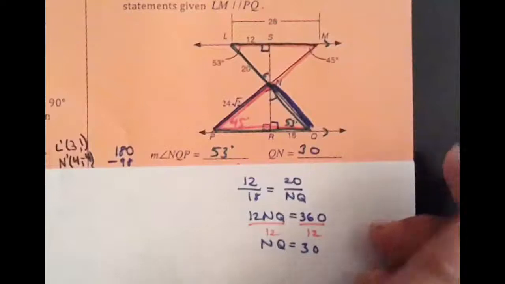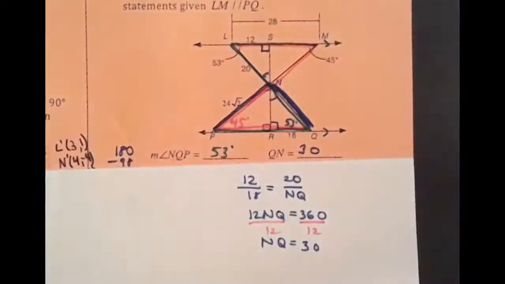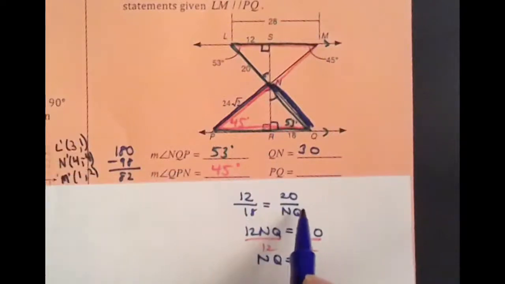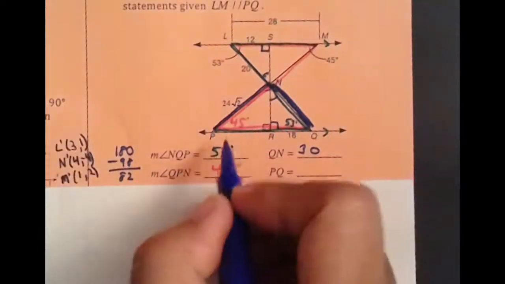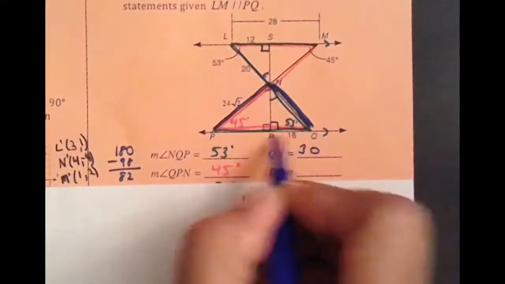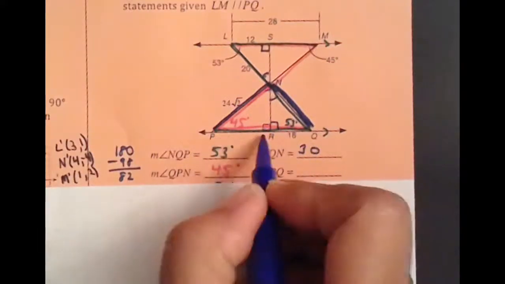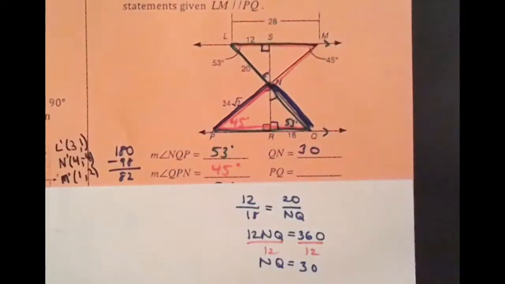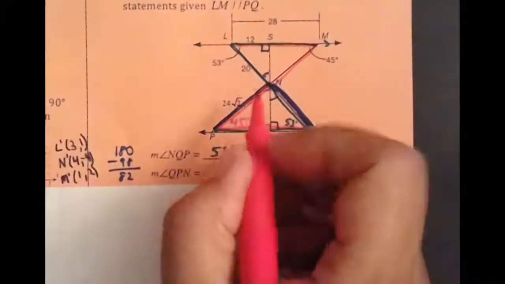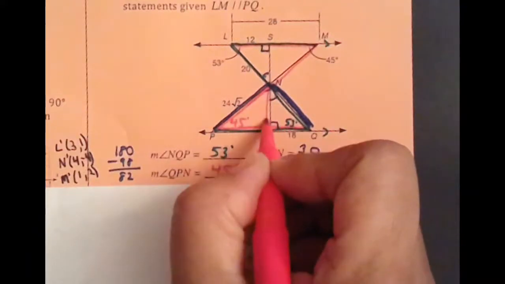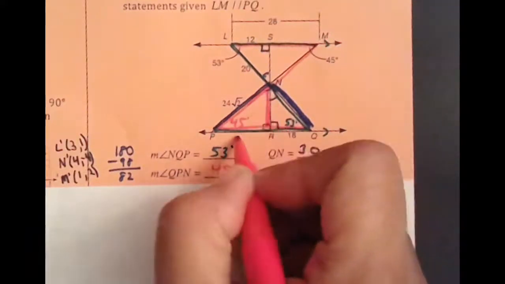All right, so that's the 30 for NQ or QN. All right, now PQ. PQ is the length from here all the way to the end there. So I already know this side is 18. So if I can find what this length is right here, I can just add them together. So let's find out what that value is. We know that this is a 45, 45, 90 triangle right here. It's an isosceles triangle.